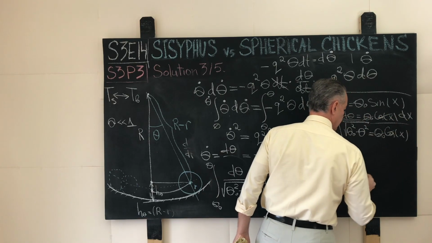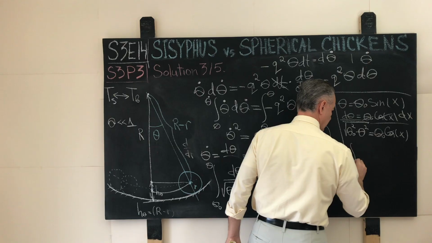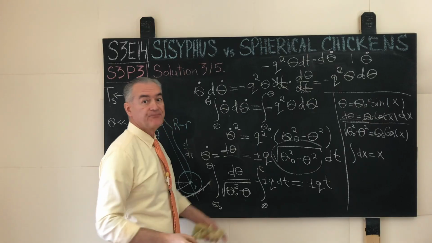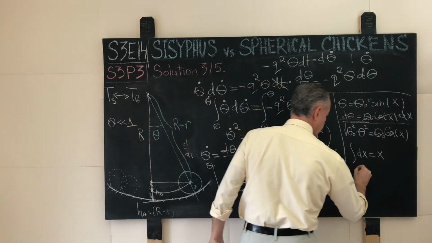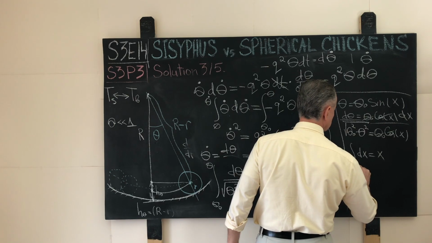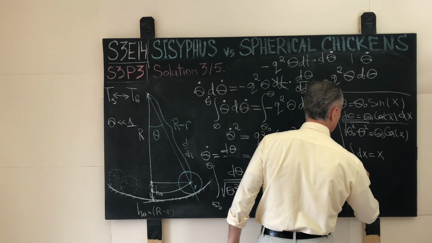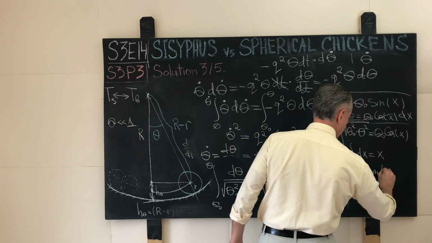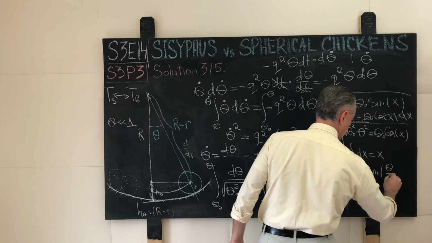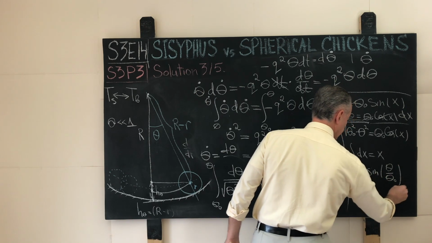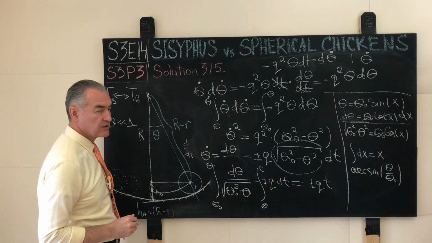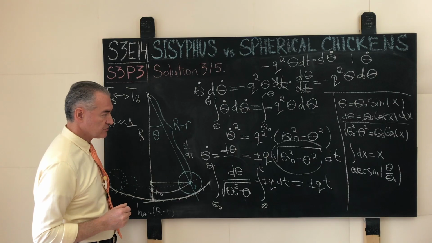things cancel out, only dx remains, so our integral is equal to the integral of dx. This is x, and what is x? Reverse substitution, it will be arc sine of theta divided by theta 0, and this is how these integrals can be evaluated.